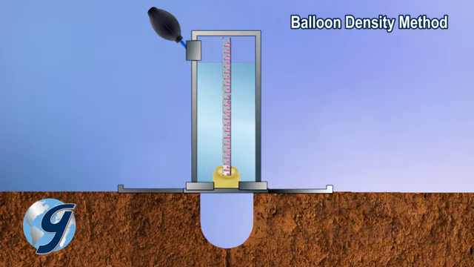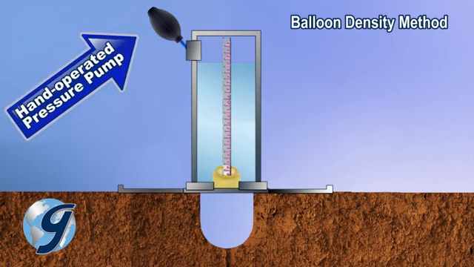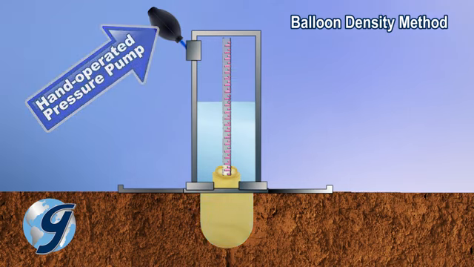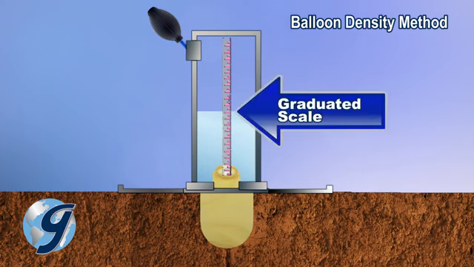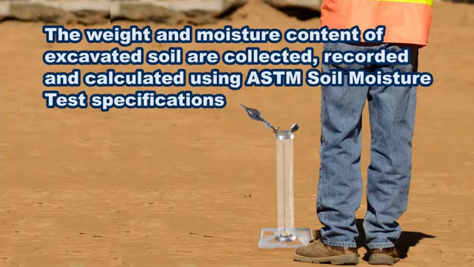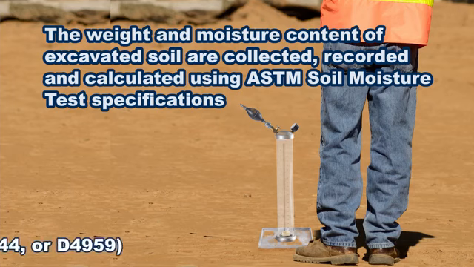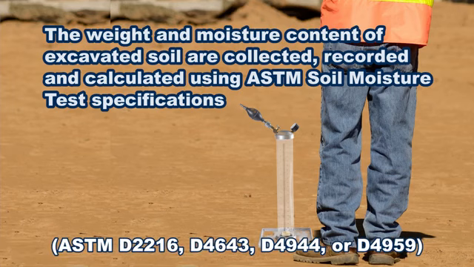But instead of using sand to measure volume, the calibrated vessel is pressurized, forcing the rubber membrane into the hole. Graduations on the vessel are read to determine hole volume. The weight and moisture content of the excavated soil is recorded and calculated using ASTM soil moisture test specifications.